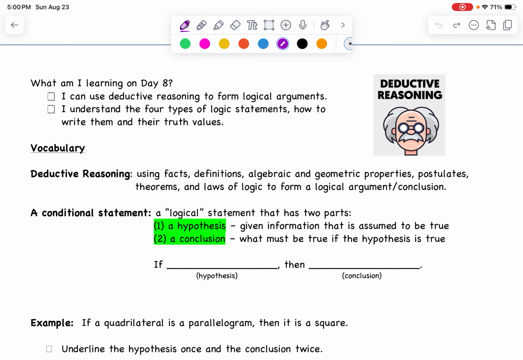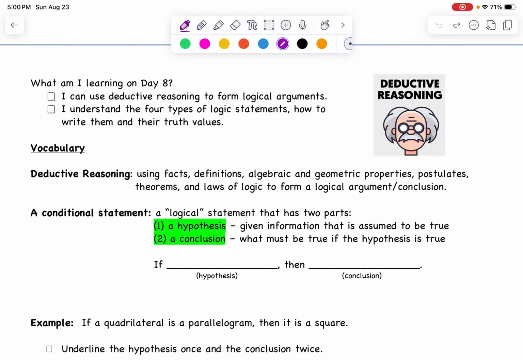All right. So the first thing we're going to talk about is deductive reasoning. We did inductive reasoning last time, and inductive reasoning is when you find patterns, but deductive reasoning is when you use previously learned information to make an argument about what you can conclude comes next.